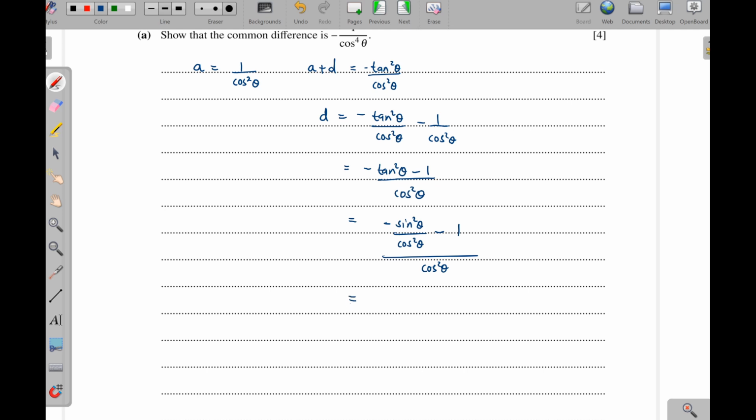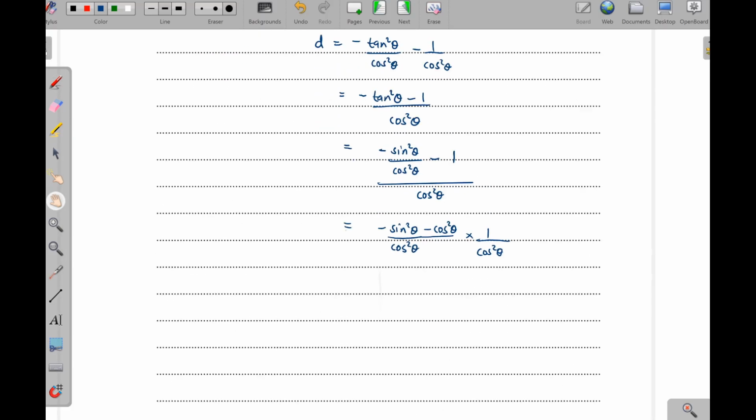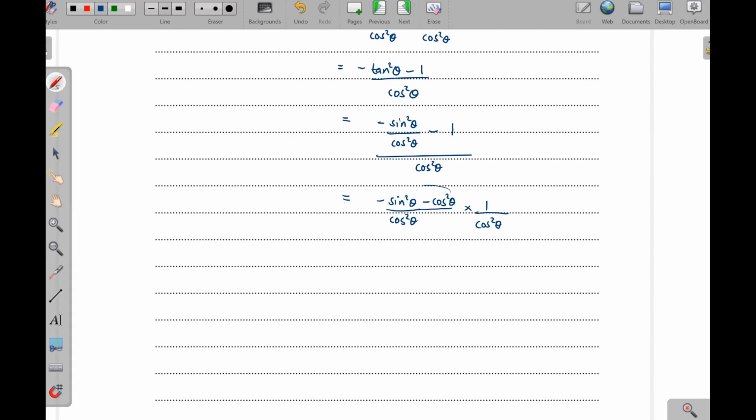So we shall say this one times that, you have negative sine squared theta over cos squared theta, then there is a minus cos squared theta here, then times the denominator here, 1 over cos squared theta. Now this one here, I can see minus 1 is common.